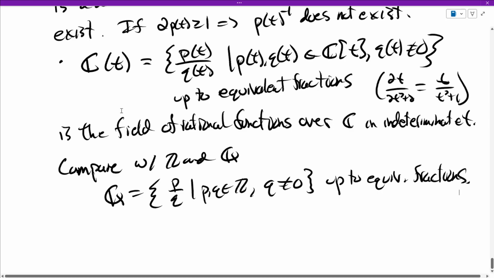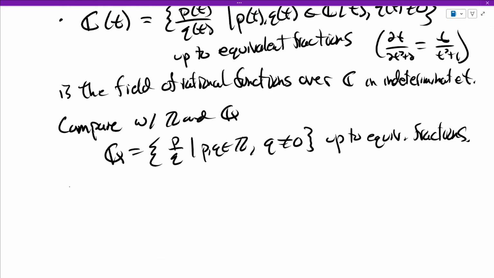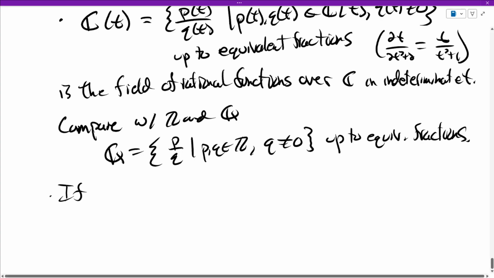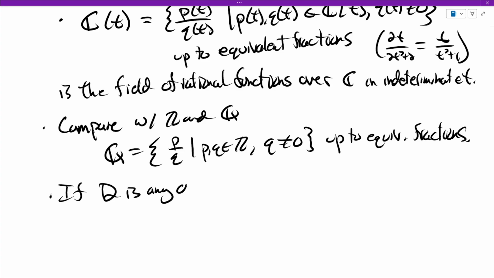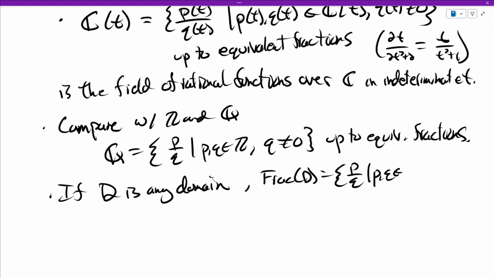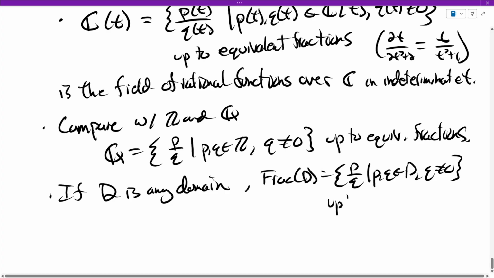And I mentioned this before. I'm going to mention it again. If D is any domain, there's a canonical or a natural field that you can attach to D called frac D. It's the set of all expressions P over Q, where P and Q are in D, Q is not 0, and up to equivalence.